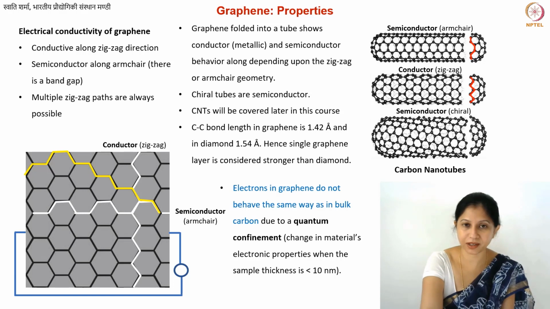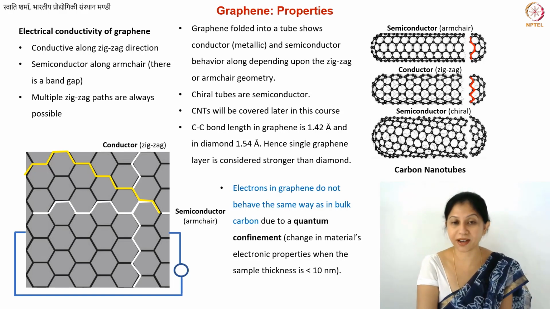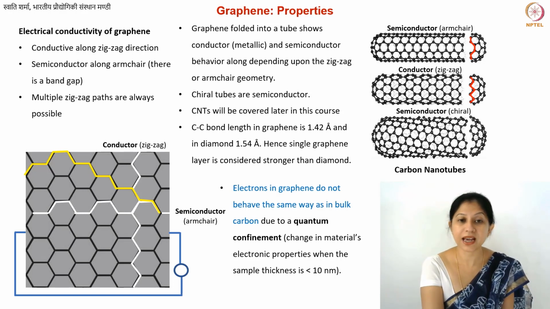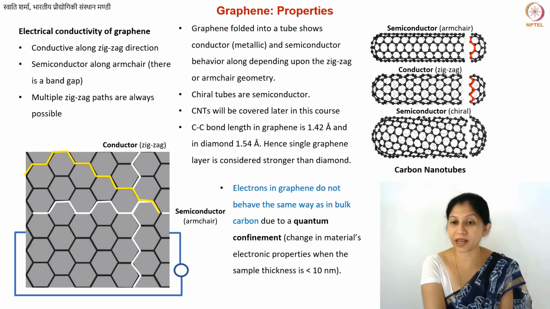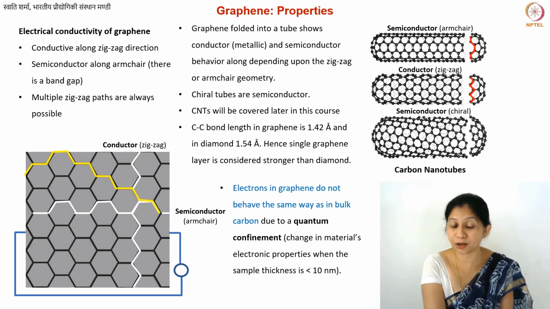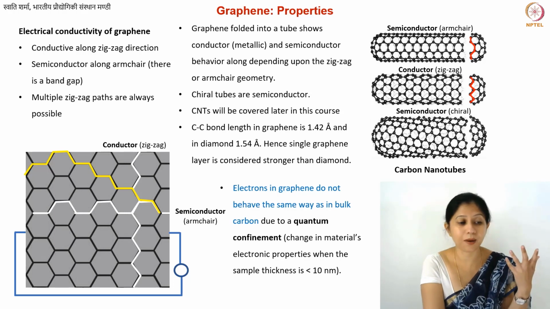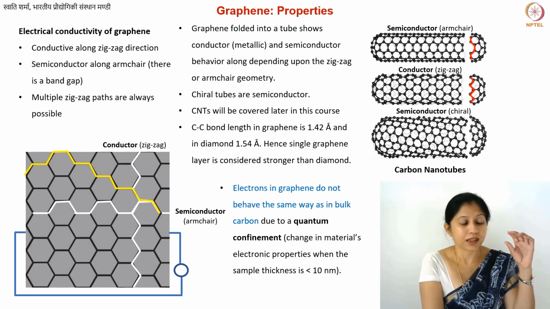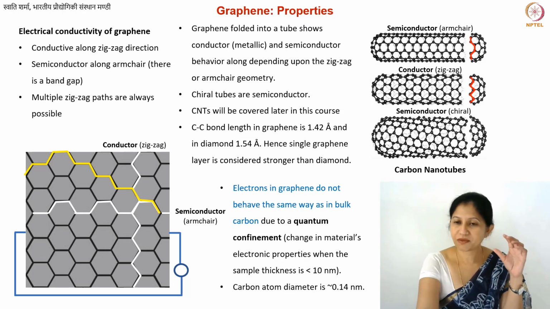Again, I have written something about the diamond and graphite, which is about the mechanical properties. Electrons in graphene do not behave in the same way as they would behave in graphite. That you know because of the fact that your pi electrons are now available, and also because the structure is very, very thin.